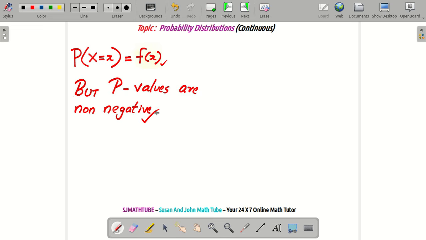Make it very clear, the values can never ever be negative. The input can be negative, but the output can never be negative because the outputs are the probability values. So this is our first observation. You input any x in the interval, you're going to get something bigger than or equal to 0.